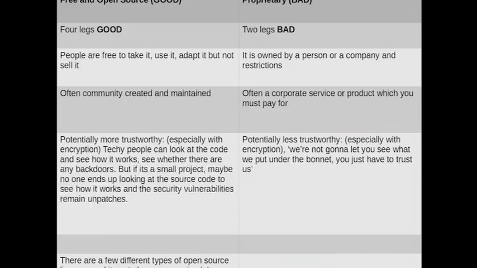It's created and maintained by communities most of the time, and it's potentially more trustworthy. Especially with encryption, I would never trust closed-source encryption. It allows people to look at the code, as I explained, to see whether there are any backdoors. If it's a small project, however, maybe no one ends up looking at the source code, and security vulnerabilities may remain unpatched.